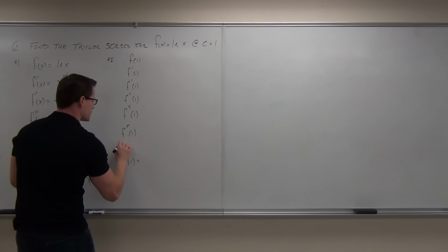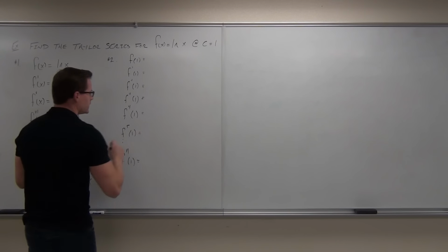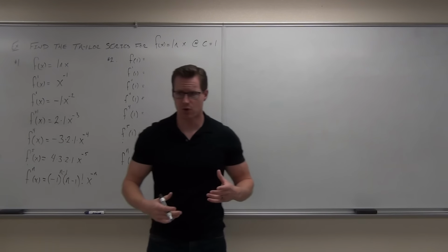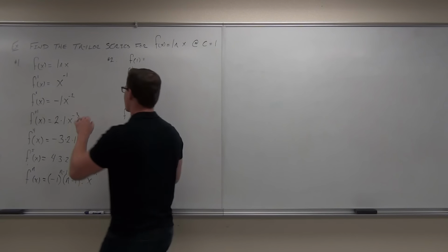It's got to follow the same pattern. So it's got to be alternating. It's still going to have a factorial somewhere in there. That's why we did this, is to look for the pattern and make sure it's still the same. Okay, so check it out.